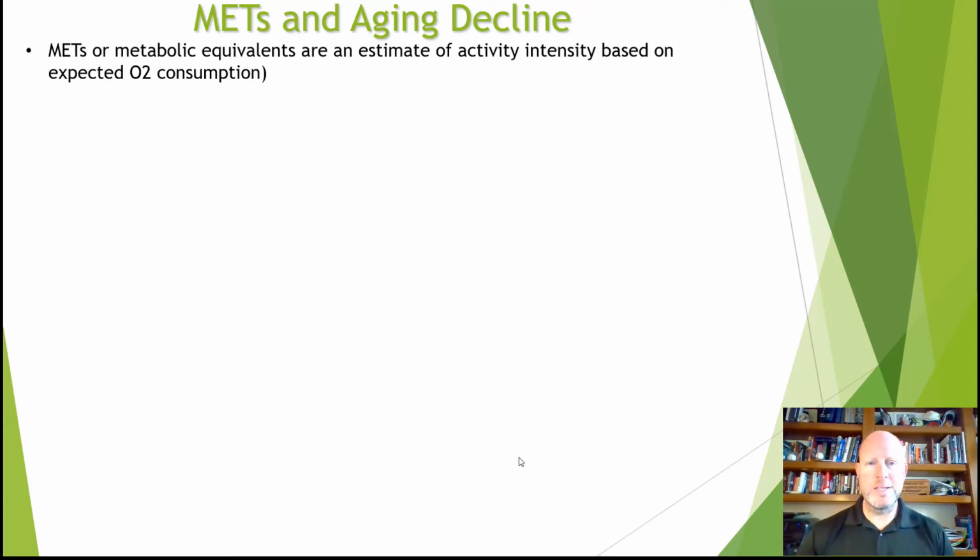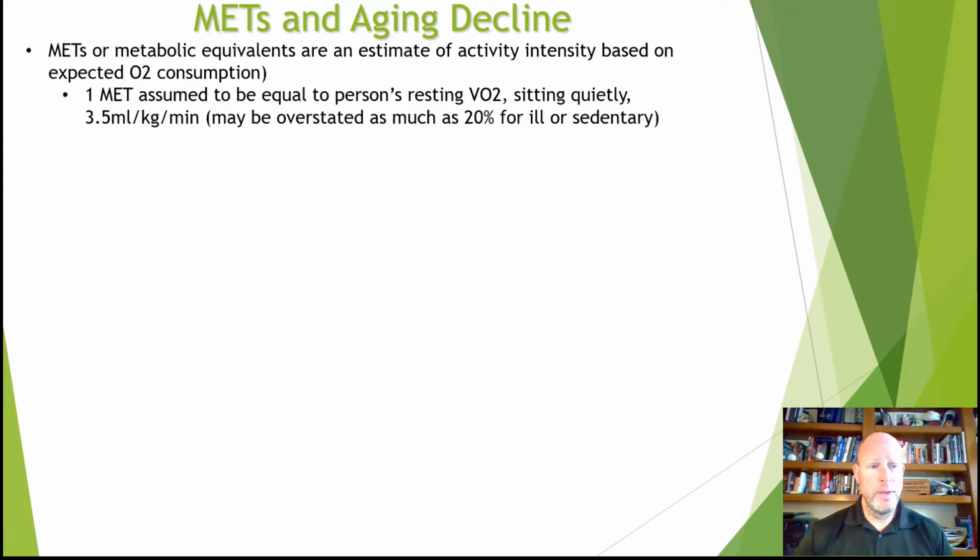However, it isn't necessarily accurate, because there are so many variations, that's kind of the point. There are still some challenges there, but it's certainly important to note. That said, 1 MET is assumed to be equal to a person's resting VO2.